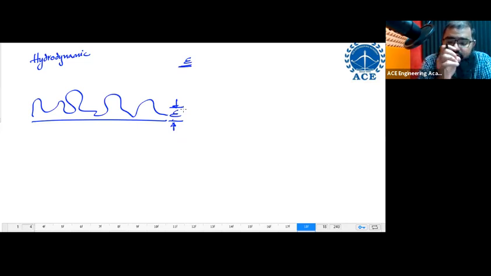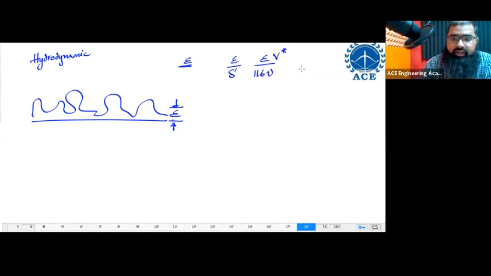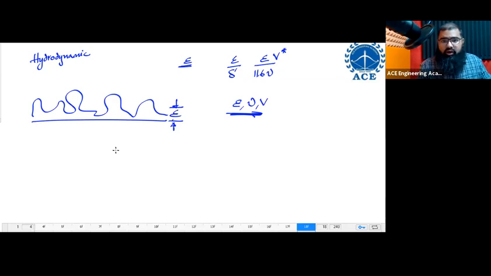Whereas roughness or smoothness is based on epsilon upon delta prime. Delta prime also is important. Recall the formula for delta prime. Epsilon upon delta prime means 11.6 nu upon V star. That means you can decide roughness or smoothness based on epsilon, nu, and velocity. These three things are required to decide whether the pipe surface is smooth or rough.